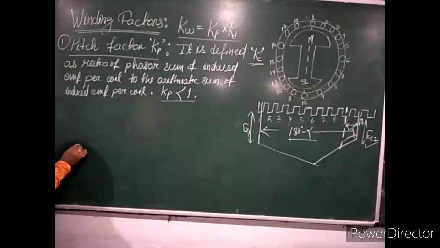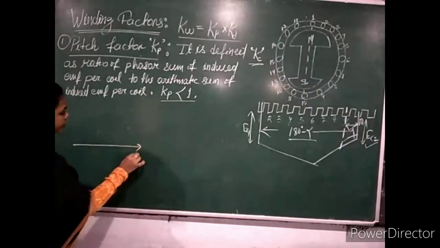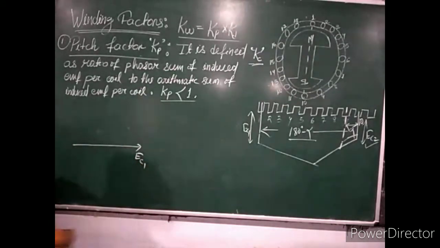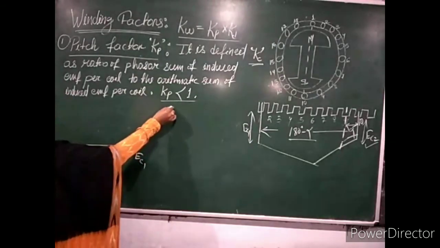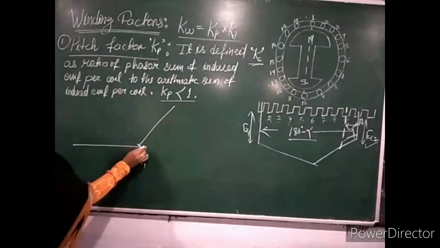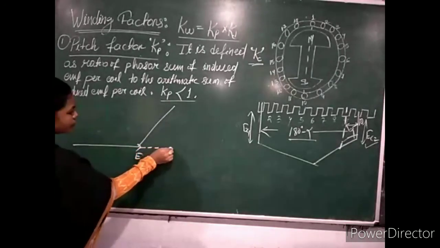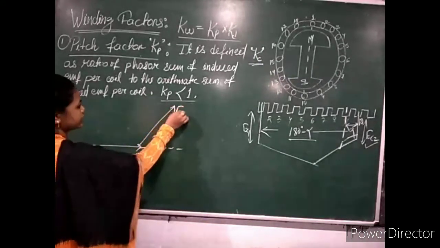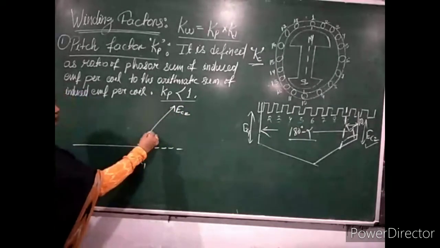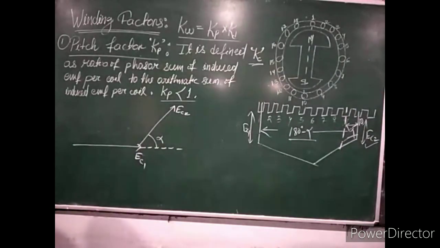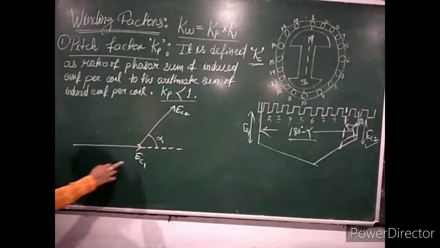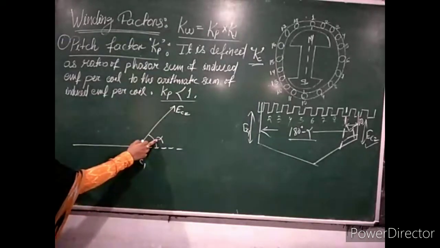Here, this is the EMF of coil side 1, let it be EC1, and the EMF induced in coil side 2 differs from EC1 by alpha angle. It is called the short pitch angle.